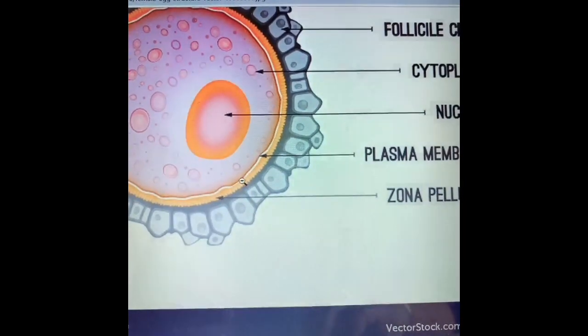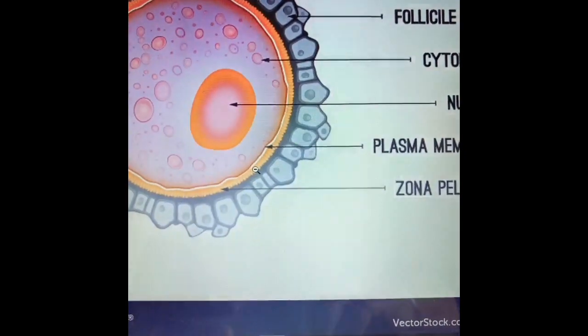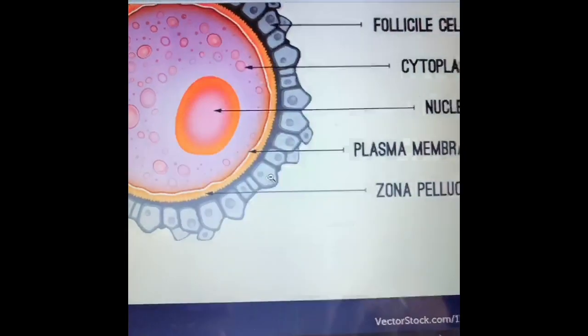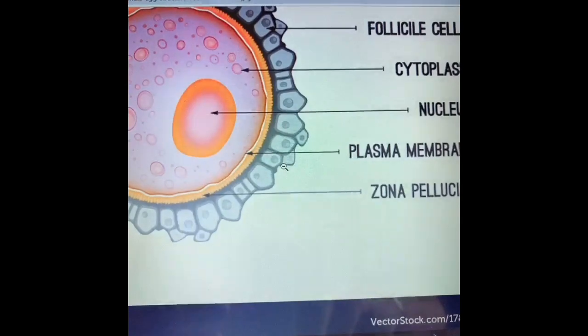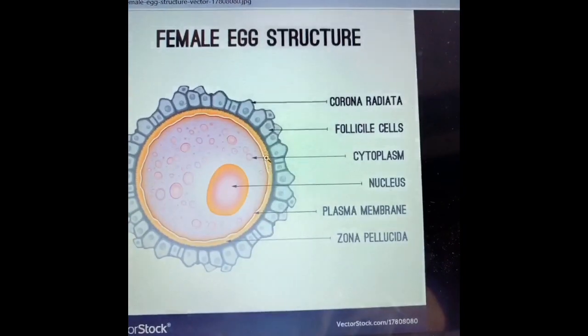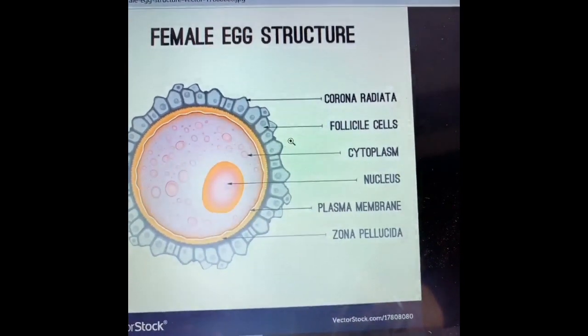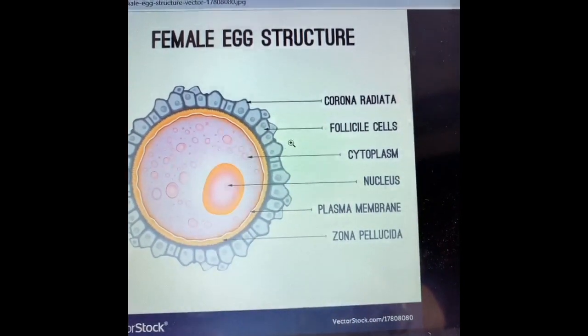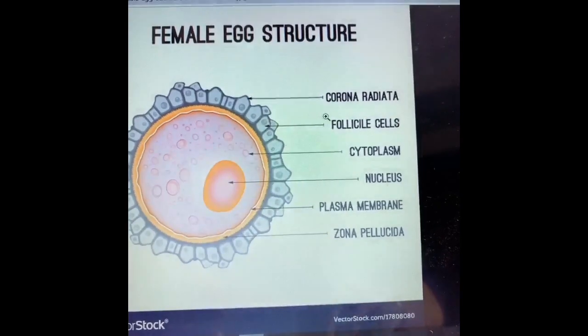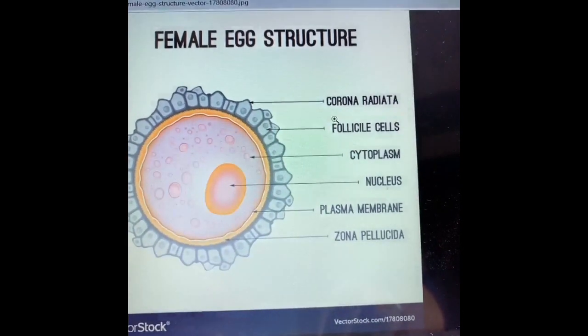This yellow part is the zona pellucida, and then outside the zona pellucida is the corona radiata. Outside this gray part is the corona radiata. It is radially elongated follicular cells. Corona radiata is nothing other than the elongated follicular cells.